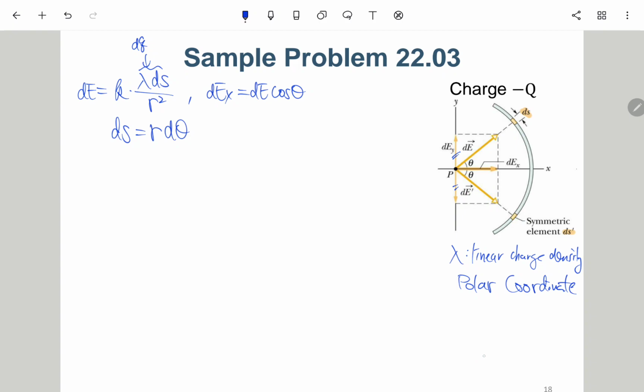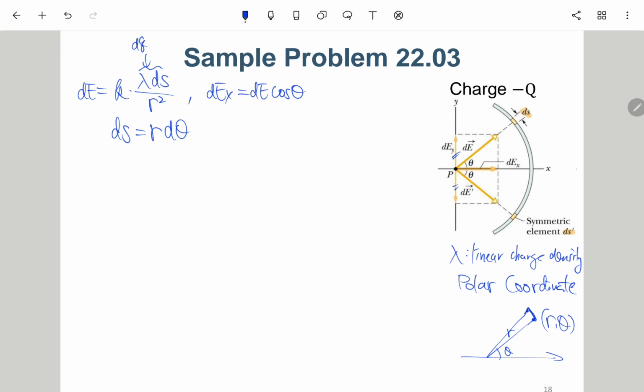Actually, the polar coordinate is like this: we have the r-axis, and for example this point is (r, theta), so this is theta, this is r. If this is a circle, this is a small arc.